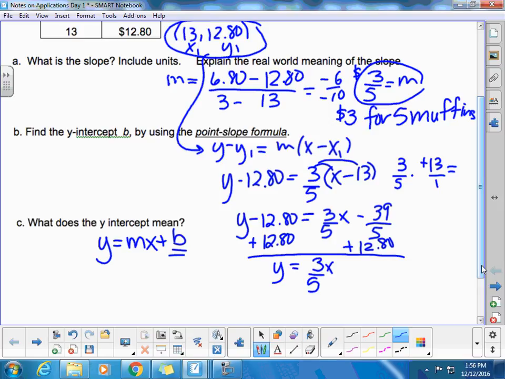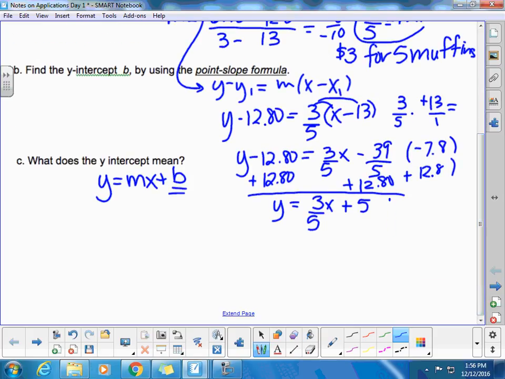And then we have -39 divided by 5, which is -7.8. And then we add this positive 12.80, which gives us 5. So our y-intercept is 5.